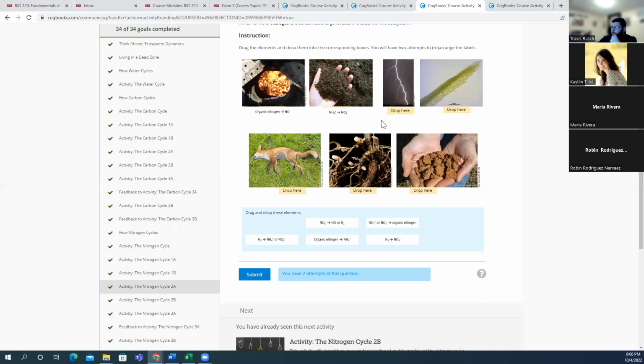Then what about number 3? This again is kind of a new picture for us. This is lightning. What's happening with lightning? Definitely high energy. I would agree with that. Well, someone said nitrogen fixation. There's a better picture for that, I would say.